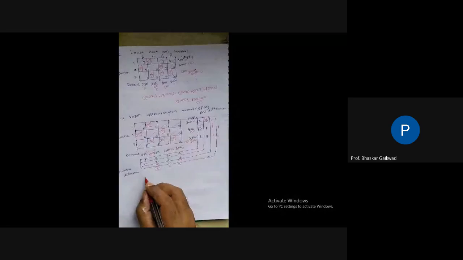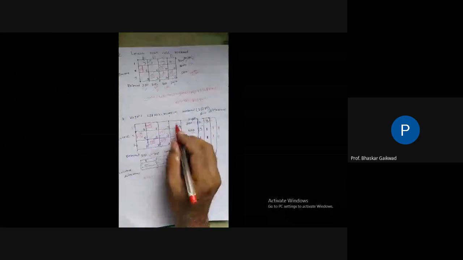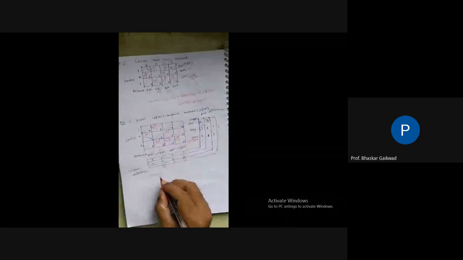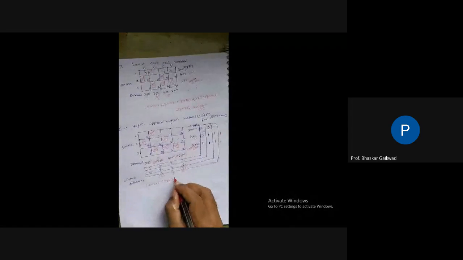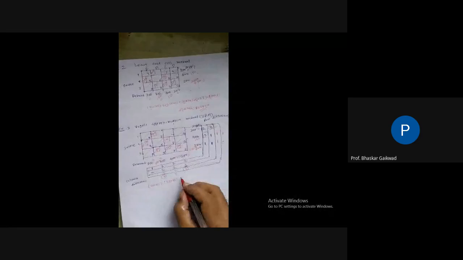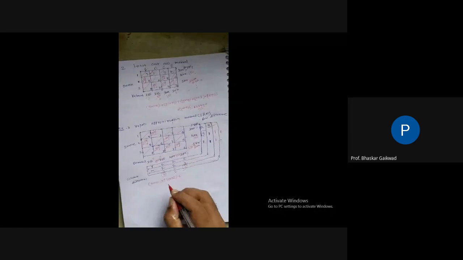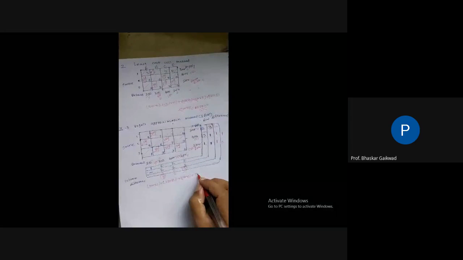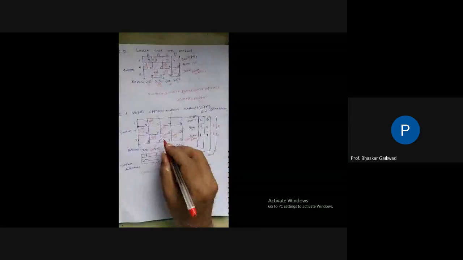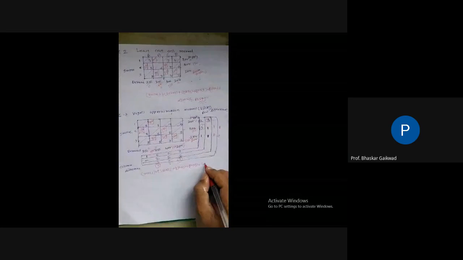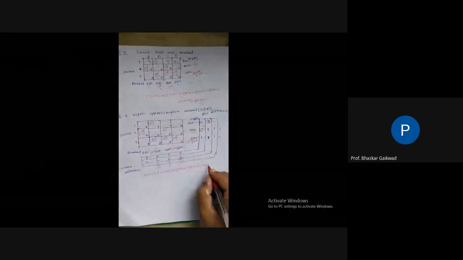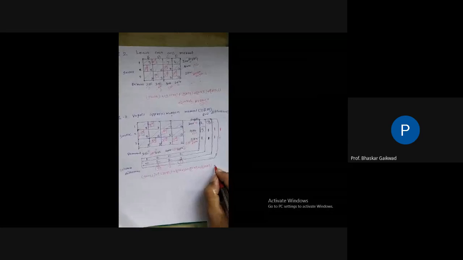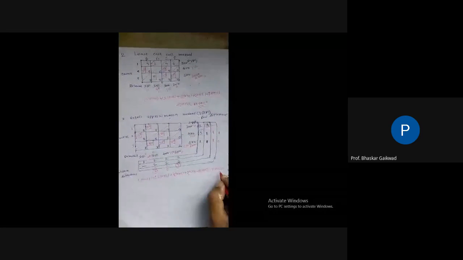Now we can go as usual: 300 into 1, then 250 into 2, plus 150 into 5, then 50 into 3, then 250 into 3, then 200 into 2.